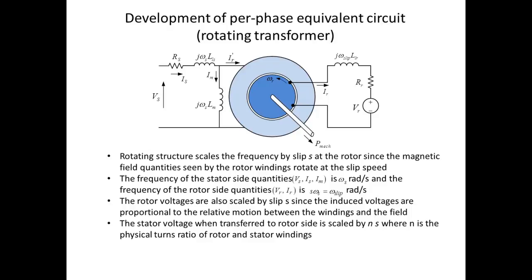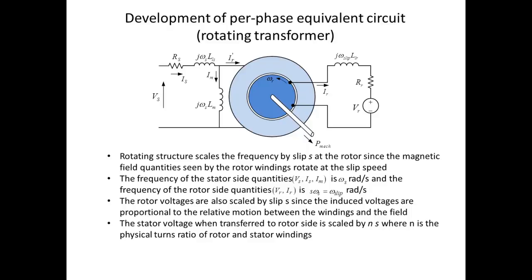Okay, then we consider the voltage magnitude on the rotor windings. If you recall from your very basic electromechanical courses or machines courses, you may recall that the induced voltage in a conductor, E, is given by BLU. E equals BLU, where B is the flux density, L is the length of the conductor, and U is the relative velocity between the conductor and the magnetic field, or the flux density B. So the key word is the relative velocity.